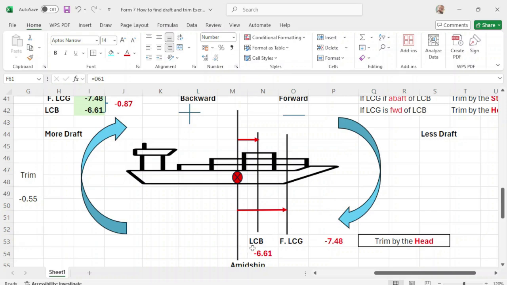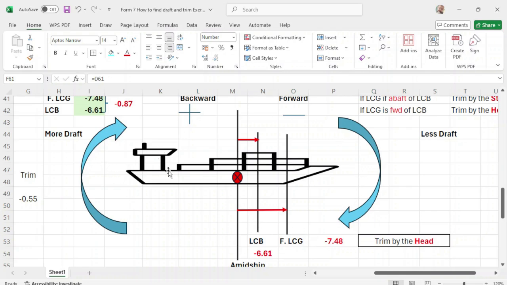Now, the tendency of the buoyancy here, the vertical, the tendency of the water because of the buoyancy, will make the vessel rise up. So from your aft part, this will go up and this will go down. So it's a counterclockwise direction.